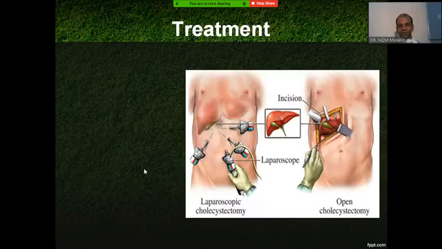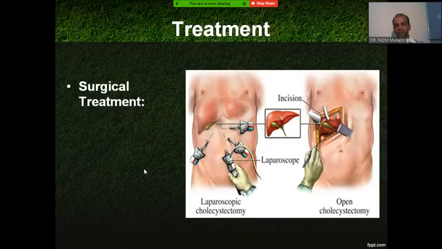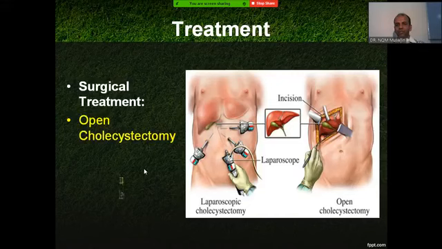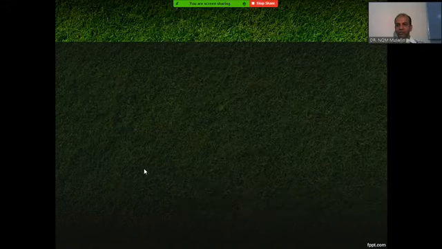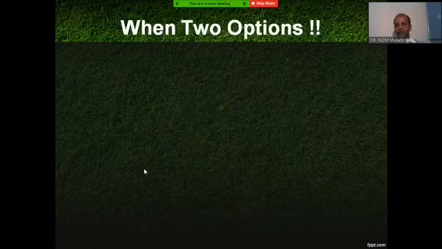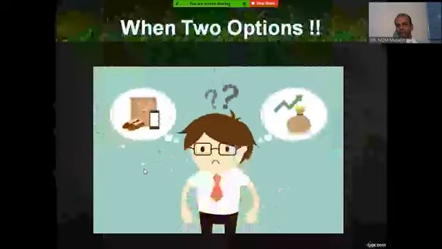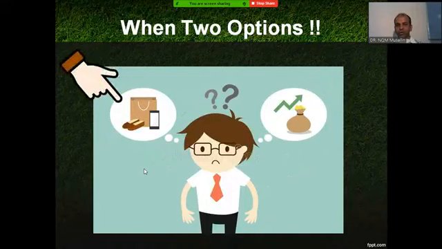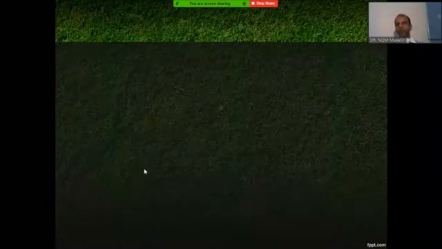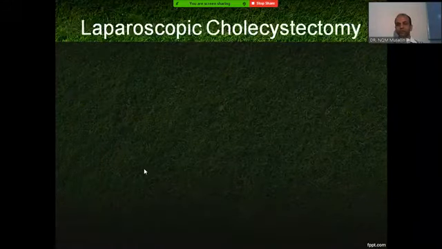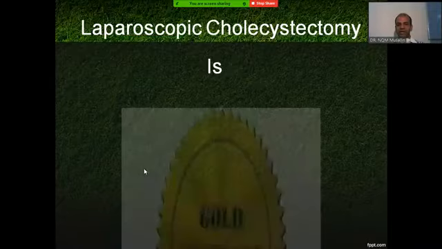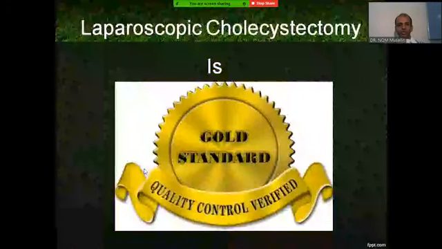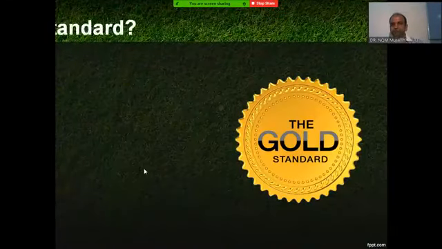And now the treatment. Treatment is operative. There are two types of operative treatment: the open cholecystectomy and the laparoscopic cholecystectomy. When there are two options, you should find out which option is the gold standard. Laparoscopic cholecystectomy is the gold standard method of cholecystectomy.